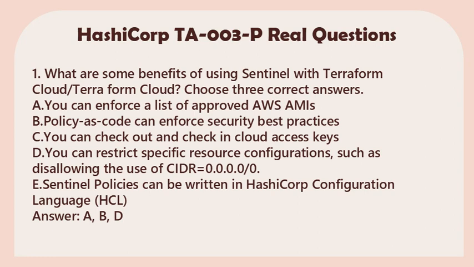D. You can restrict specific resource configurations, such as disallowing the use of CIDR equals 0.0.0.0/0. E. Sentinel policies can be written in HashiCorp Configuration Language, HCL. Answer: A, B, D.